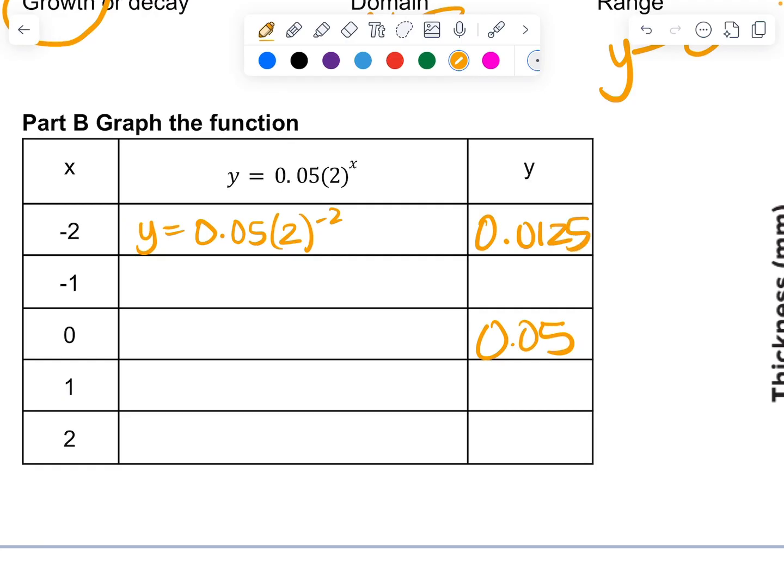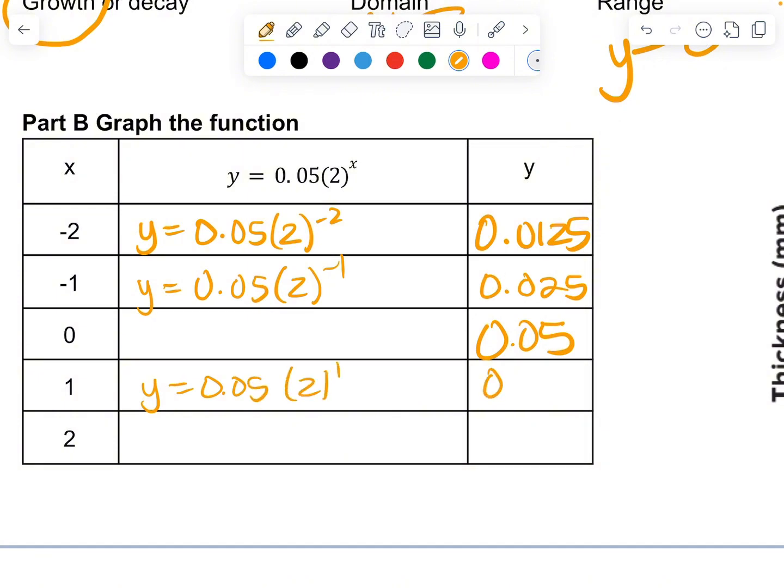Then, doing the exact same thing, this time you'll be putting in negative 1, and you get 0.025. We already did it for the y-intercept, so now we'll do it for 1. So y equals 0.05 times 2 to the first, and that'll get 0.1, and y equals 0.05 times 2 to the second power, and when you plug that in, you get 0.2.